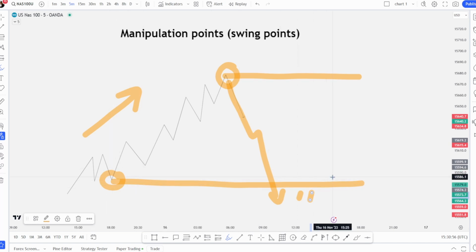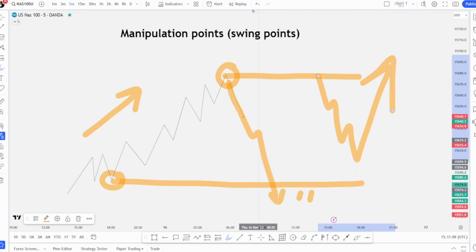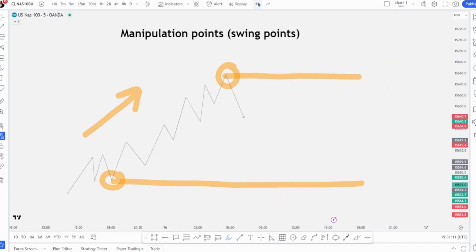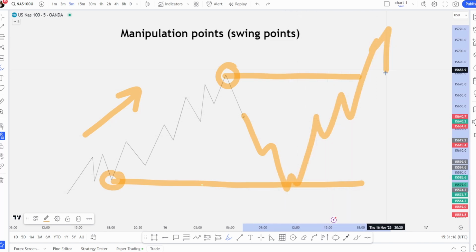So we can have candles pushing up to our swing high, sweeping all the liquidity off of it, and then pushing back down into here, and we're still going to remain with the bullish bias. We can also have price pushing down into the low here without closing out, and we're still going to remain in the bullish bias.